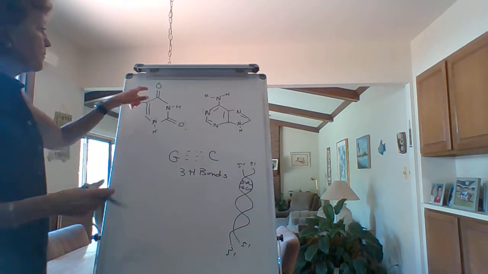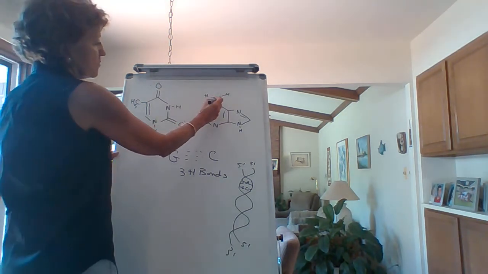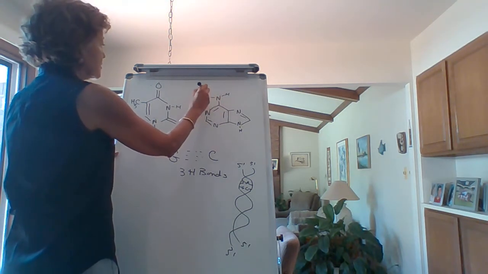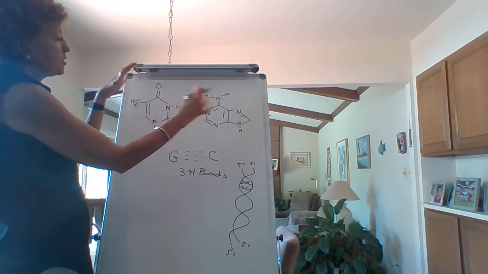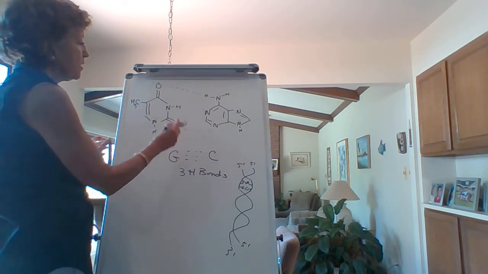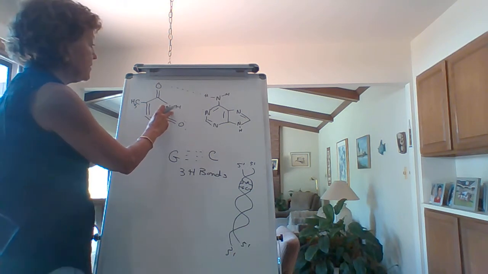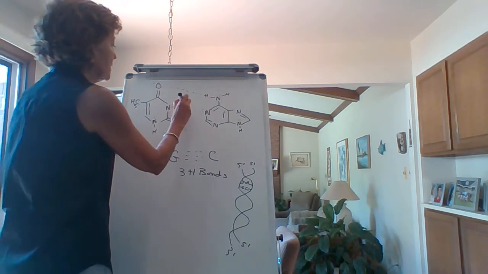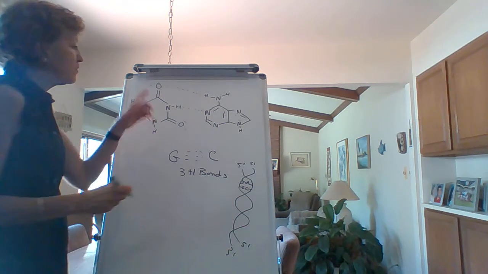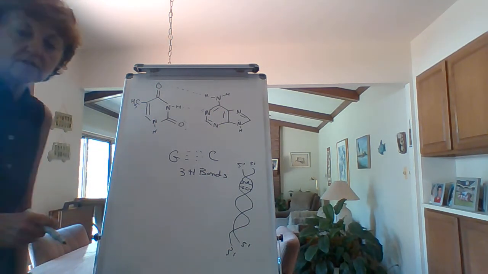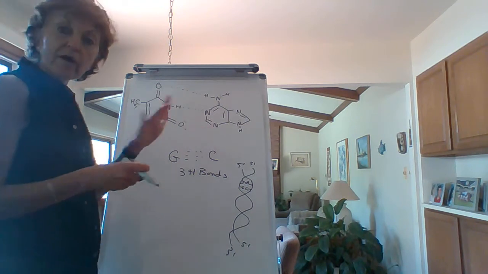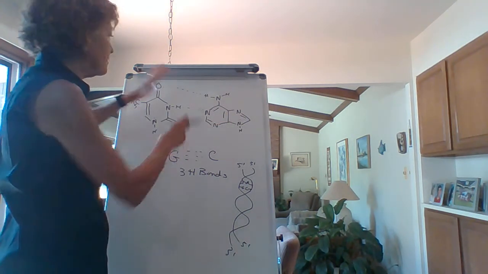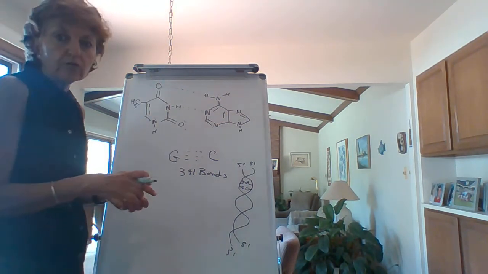All right, see this hydrogen that's attached to this nitrogen is going to be attracted to the lone pair of this oxygen. So we can squish them together. That's one of the hydrogen bonds. This hydrogen on this nitrogen of the thymine is attracted to this lone pair. Those are the 2 hydrogen bonds that occur between adenine and thymine. No other hydrogen bonds, so nothing over no place else. These are the only 2 hydrogen bonds.